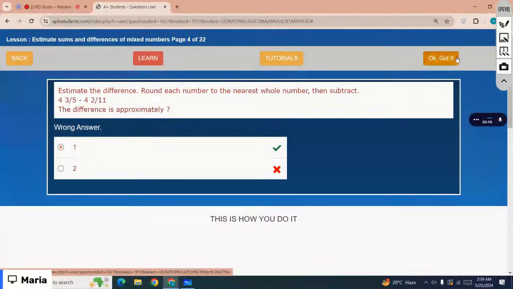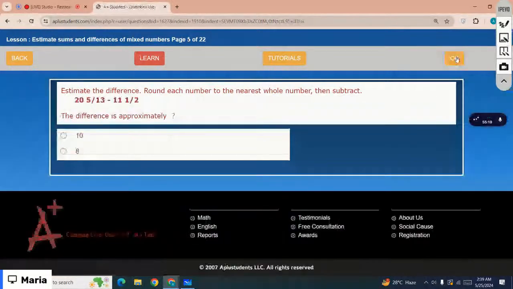Okay, I selected the wrong option. Okay, the next one is 20 whole 5 by 13 minus 11 whole 1 over 2.